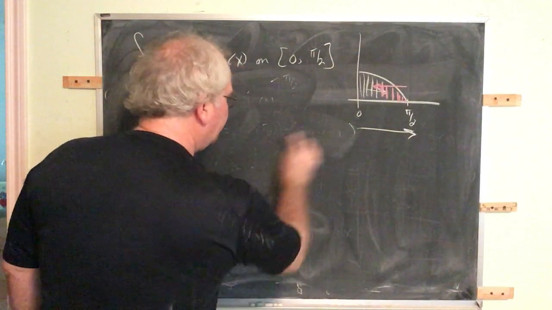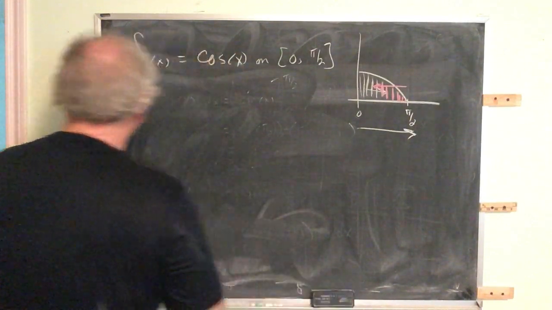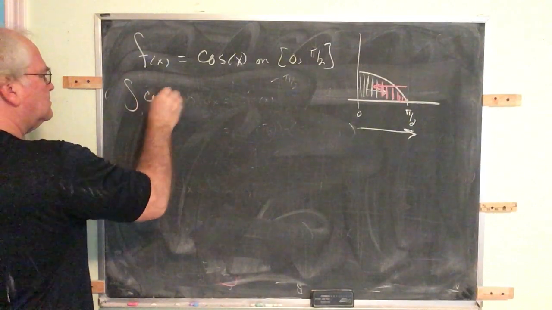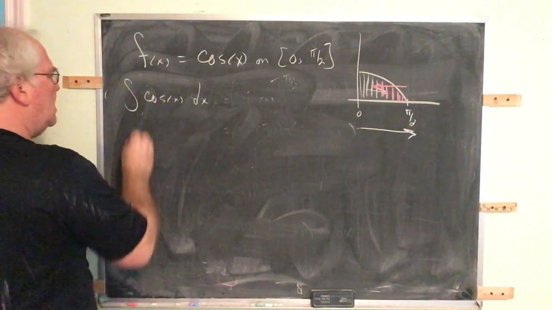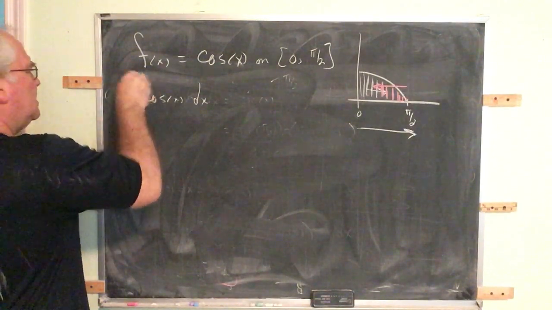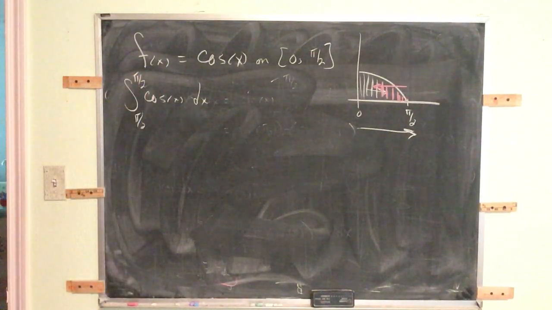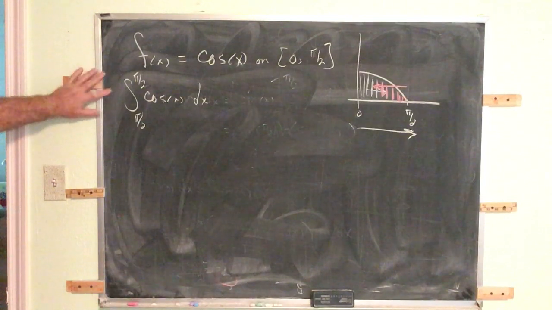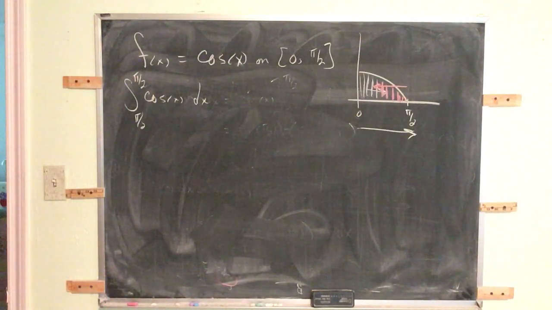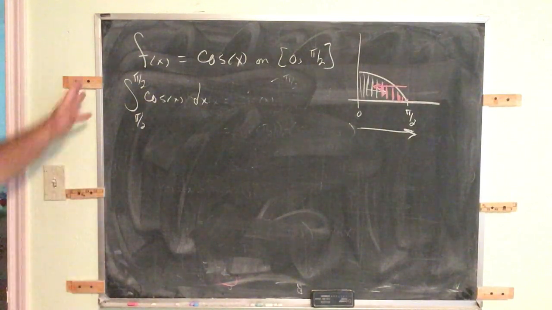This should be pretty straightforward. Let's do the integral from pi over 2 to pi over 2. Well, if there's any justice in the world, this should work out to be 0 because that's what the property says. And there is justice in the world, and it does work out to be 0.